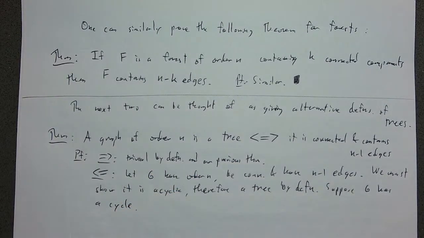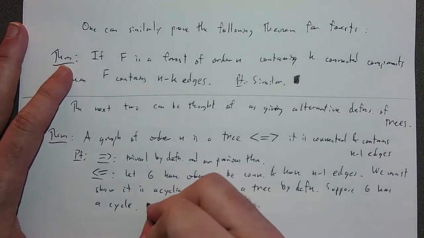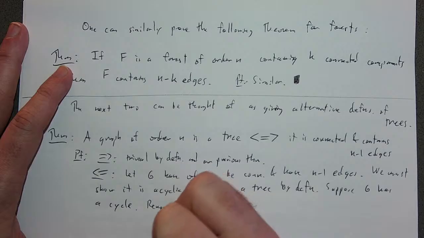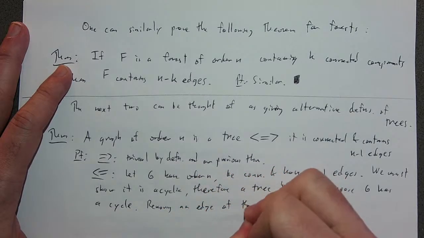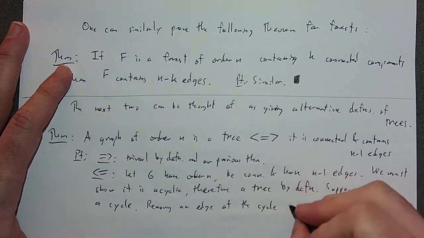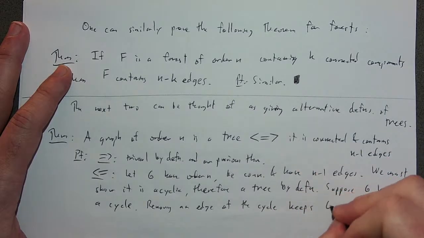Then we could remove an edge from the cycle, and the resulting graph would still be connected because it's a cycle. So removing an edge of the cycle keeps G connected.